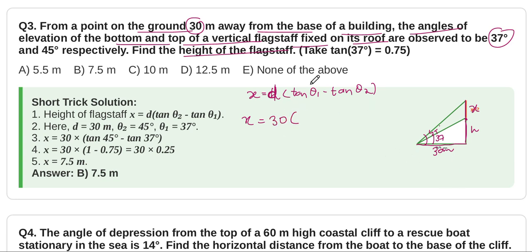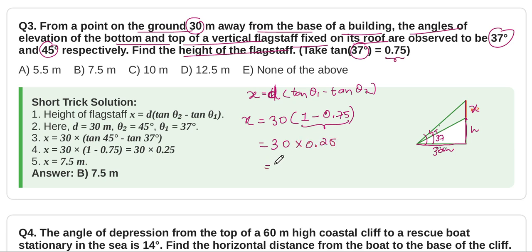Let's say theta 1 is the bigger angle, which is 45. So tan 45, which is 1, minus tan theta 2. Theta 2 is, let's say, 37 degree, whose tan is given 0.75. So 1 minus 0.75, which is nothing but 0.25.